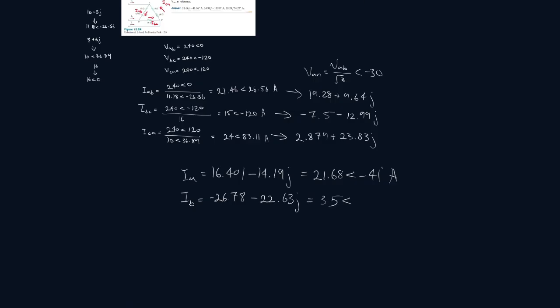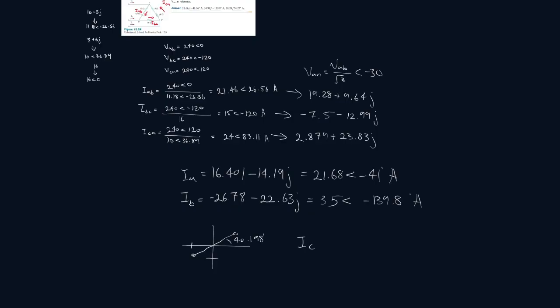If you do the phasor value, it's minus 22.63 divided by 26.78, and the tan inverse of that is 40.198 degrees. But this value lies somewhere here: minus 26.78 is here, and minus 22.63J is down here. So we'll have to add or subtract 180. We can subtract 180, and that gives us minus 139.8 degrees in amperes.